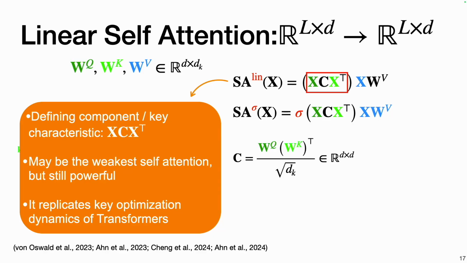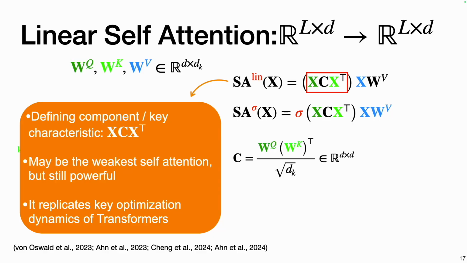Although omitting the sigma operation may appear to be an oversimplification, extensive theoretical and empirical studies confirm the power of the linear variant. For instance, layers of linear self-attention can implement gradient descent or preconditioned gradient descent, even functional gradient descent on some tasks in context.